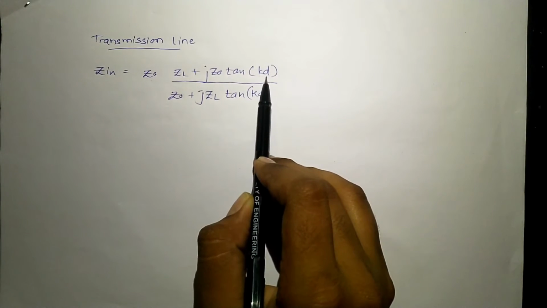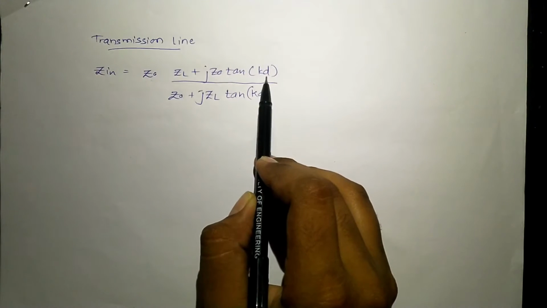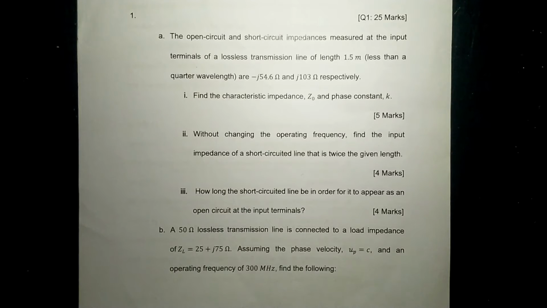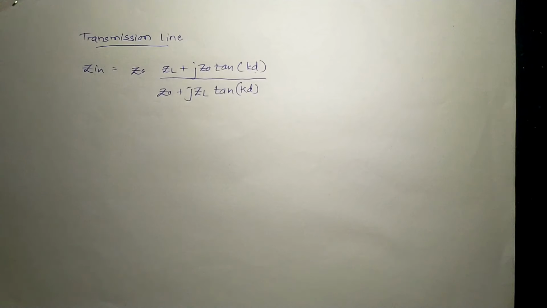So in our question it tells that the open circuit impedance is minus j54.6 ohms and the short circuit impedance is j103 ohms. So let's put that information into this equation.